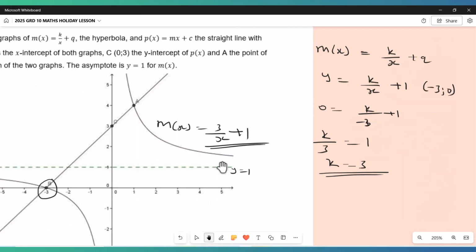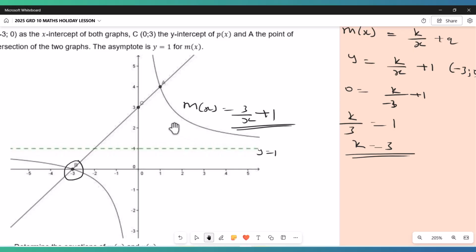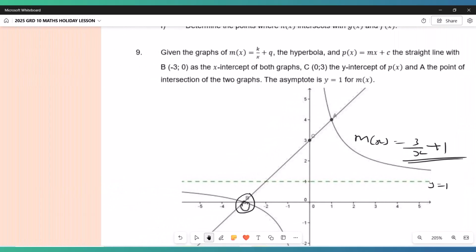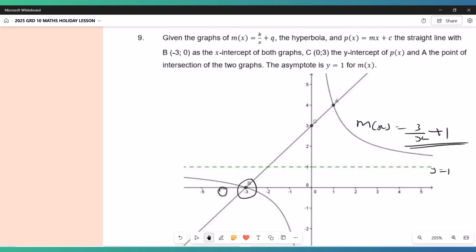After that, they also want this other straight line, p of x. Now p of x, we know it's passing through this point A, and also passing through the C, and then the B. So now, being a straight line, to get its equation, we need the gradient.